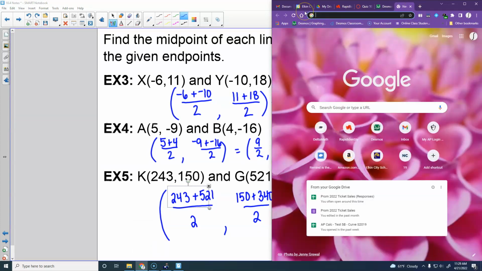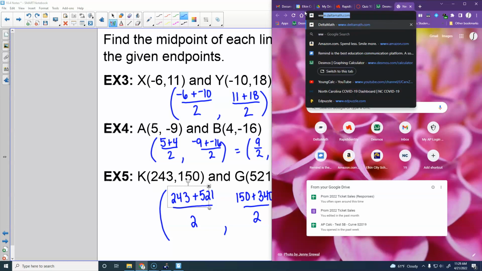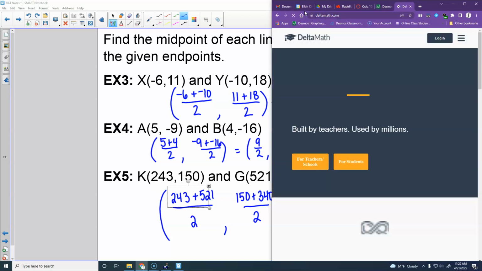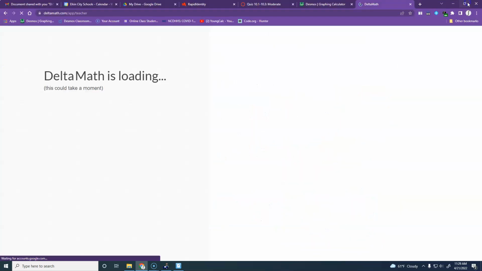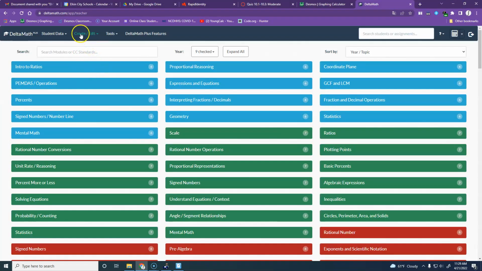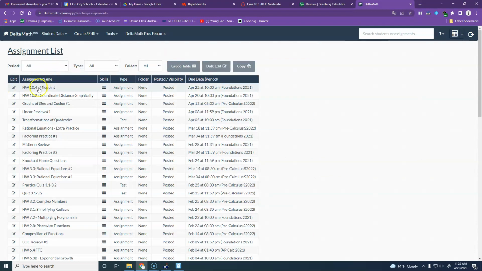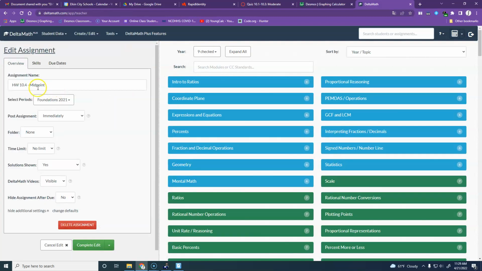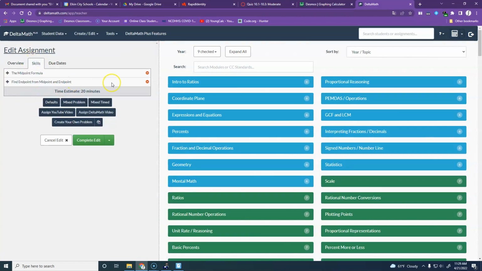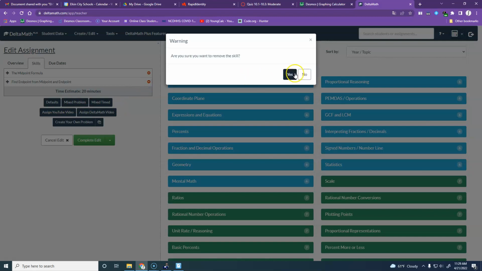Our homework, I'm going to take part of it off. Get out your computer. Because I know we've only got 6 minutes, but I think you can finish this. Because I'm going to edit this assignment because we didn't get through everything, which I wasn't sure if we would. Go to Delta Math. I'm going to take this one off.